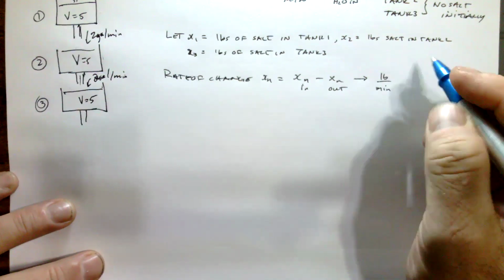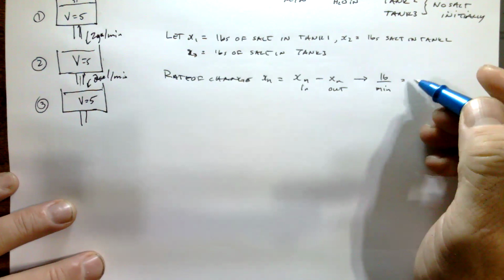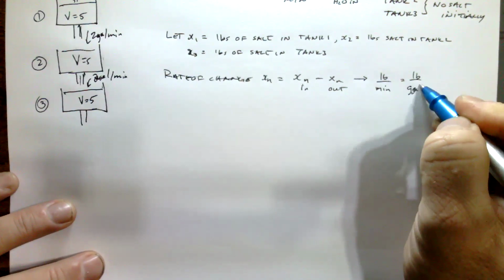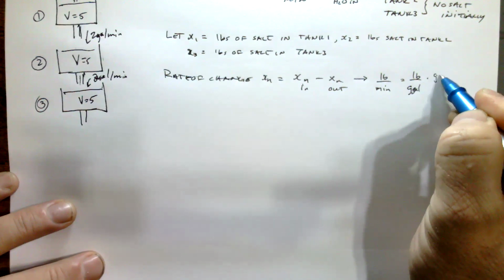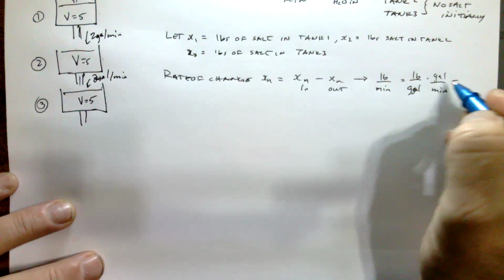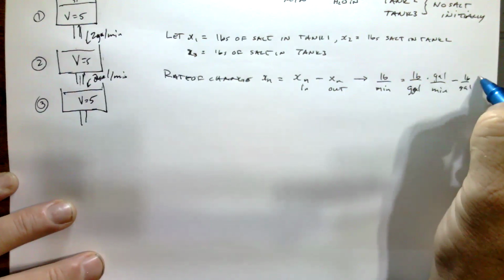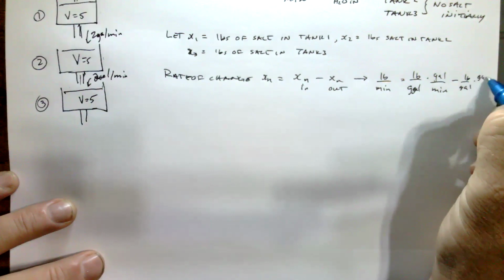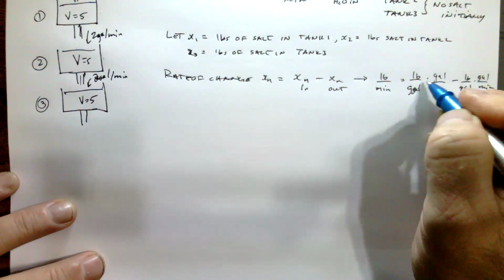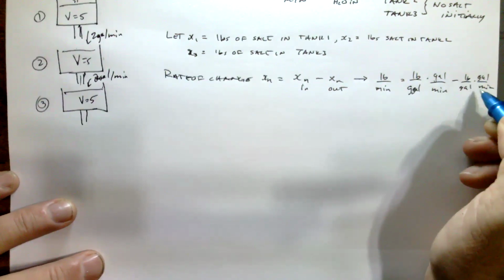So it's pounds per gallon multiplied by gallons per minute, minus what is coming in, pounds per gallon times the gallons per minute coming in. So this is the rate of the salt coming in, and then the rate of the salt coming out.